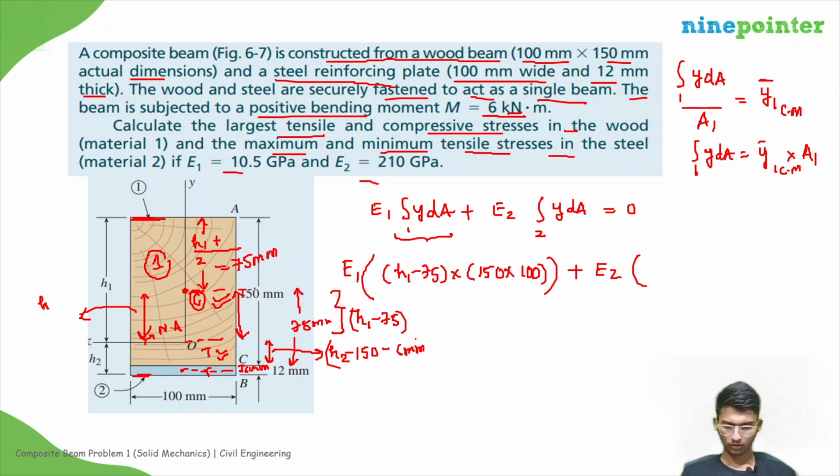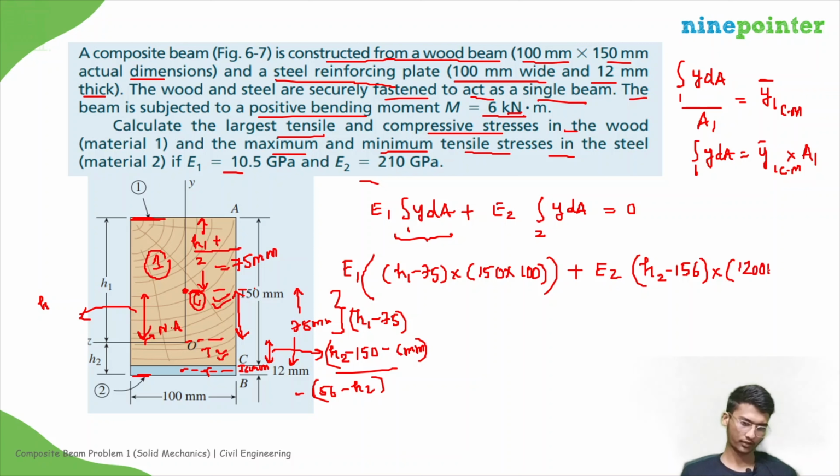Okay, right? So this will be 156 minus h2 will be this distance, but it is below the neutral axis, so it will be negative. So h2 minus 156. So this will be h2 minus 156 into area. Area of that material 2 is 1200 mm square, right?